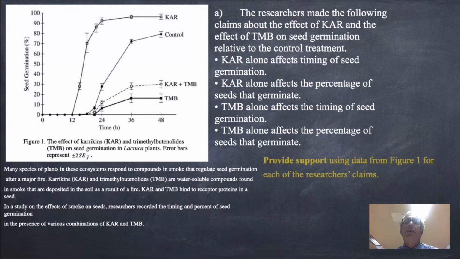KAR alone affects the percentage of seeds that germinate. TMB alone affects the timing of seed germination. TMB alone affects the percentage of seeds that germinate. Provide support using data from Figure 1 for each of the researcher's claims.